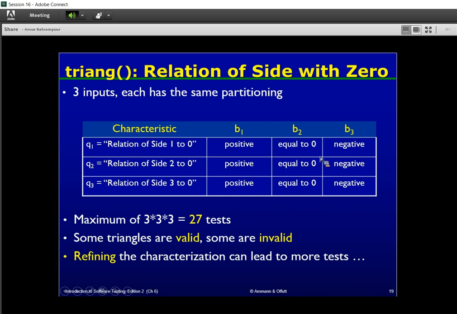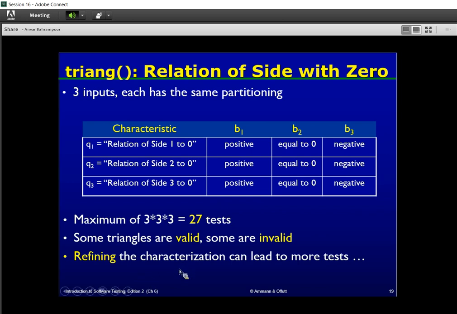But with this partitioning, we could not detect any other types of triangle. This means we could not detect a scalene triangle, or we could not detect some test cases for an equilateral triangle.